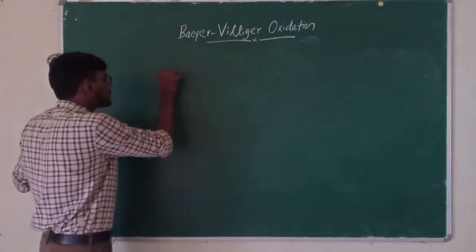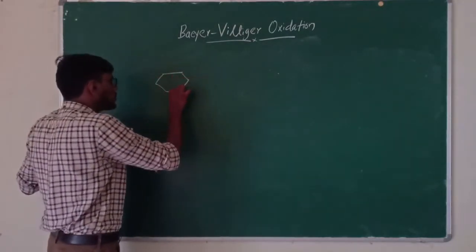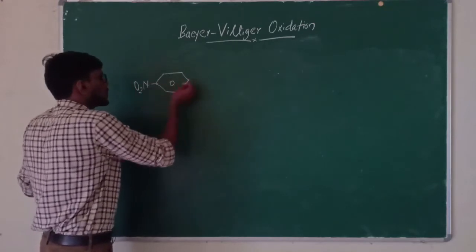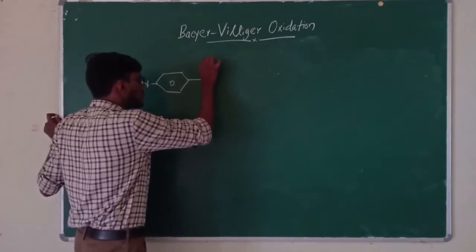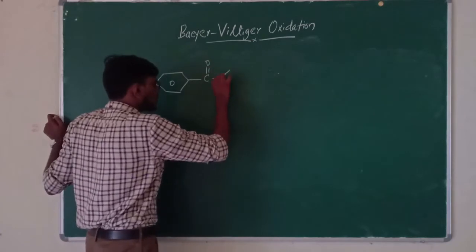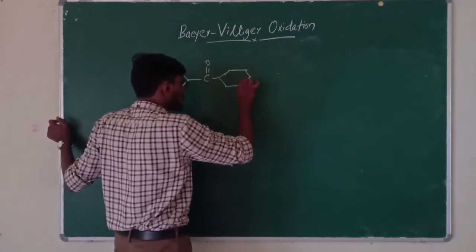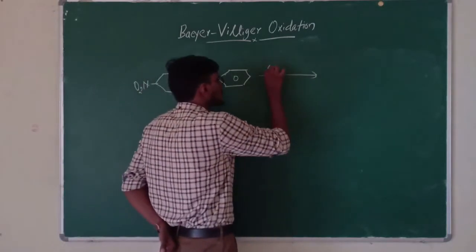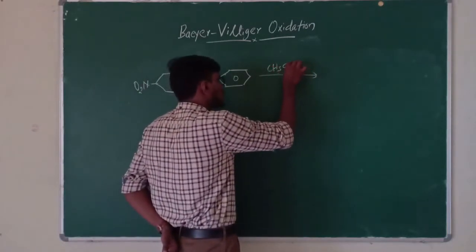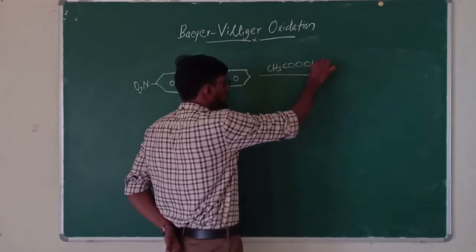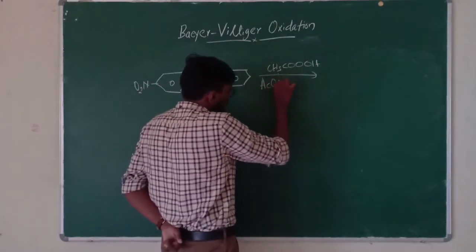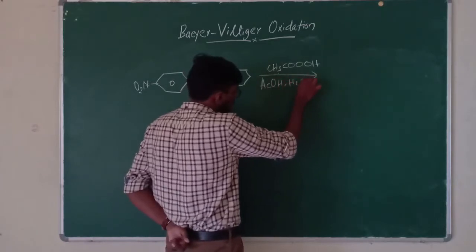First example, consider this compound with NO2, with a ketone double bond O. This reacts with CH3COOH, a peracid, in presence of AcOH and H2SO4.